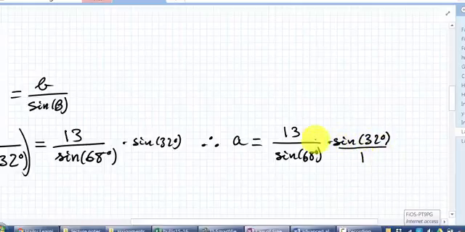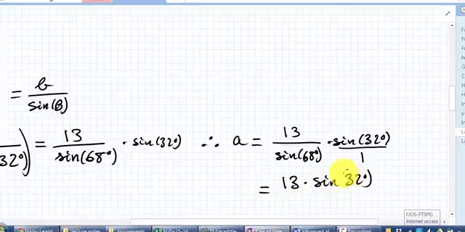So you can multiply both numerators and both denominators together. That's the same as 13 times sine of 32 degrees over the sine of 68 degrees.